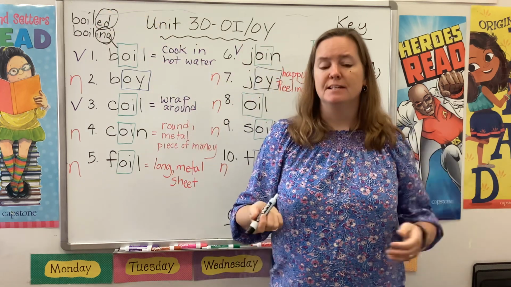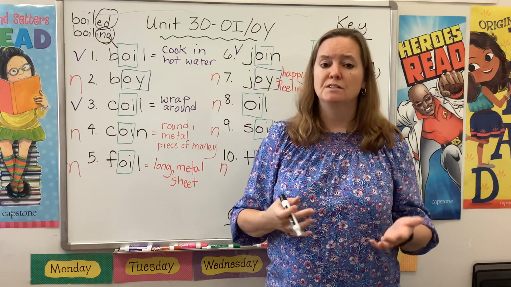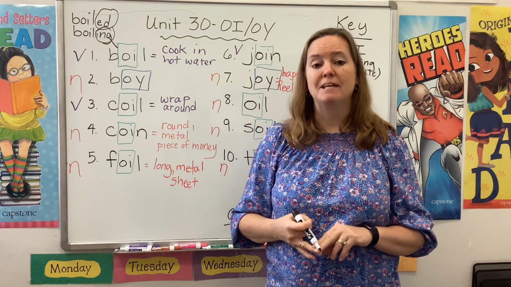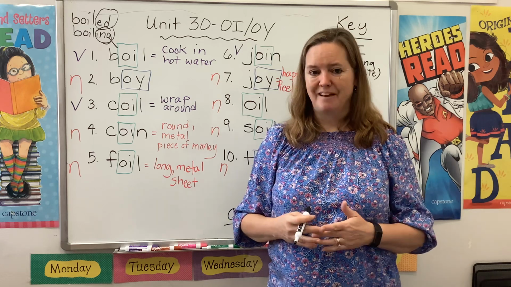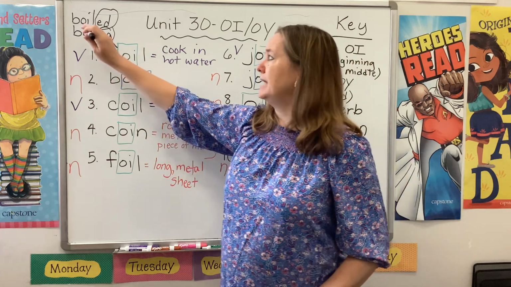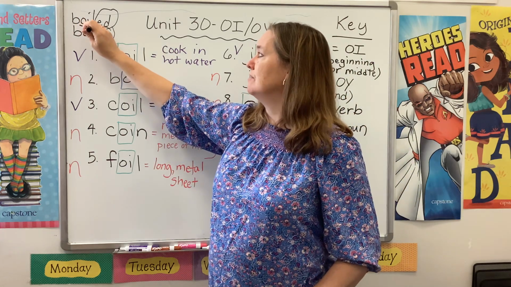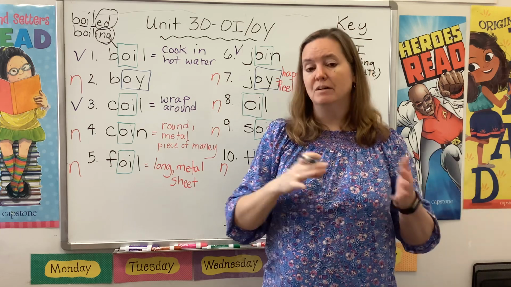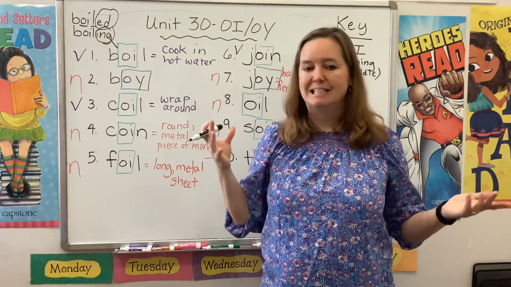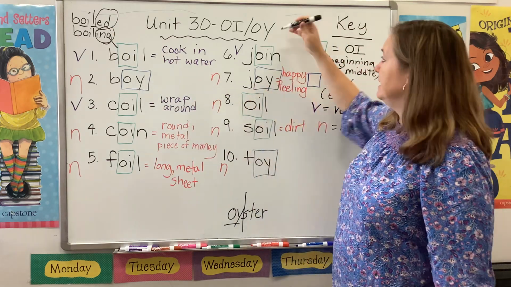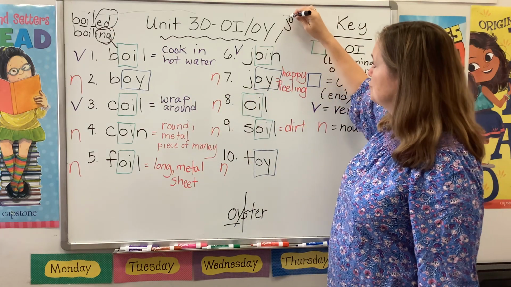Now earlier this year we learned about some special rules. Sometimes we have to double the consonant. Sometimes we have to drop the e before we add our suffix. We don't have to worry about that this week because we have 2 vowels followed by 1 consonant. When a word ends with 2 vowels and then 1 consonant, it's easy. We just add our suffix. Same thing here. Join becomes joined.